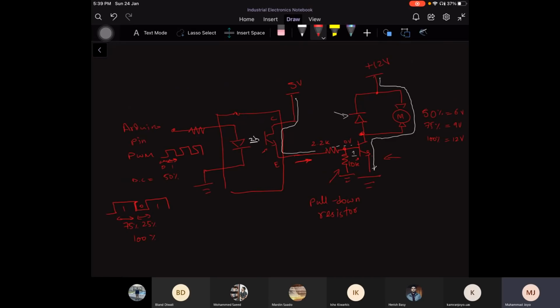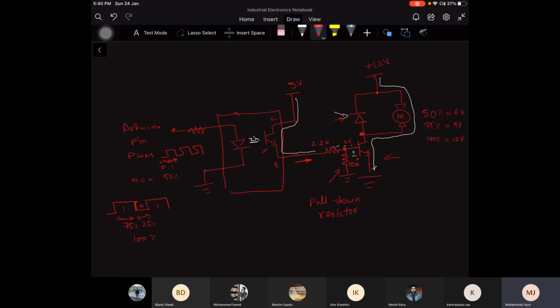Okay, one more thing that I wanted to clarify over here: the working of the diode at the transistor's collector. Why have we attached it over here? The reason is that when the motor runs, it provides back EMF to the circuit.